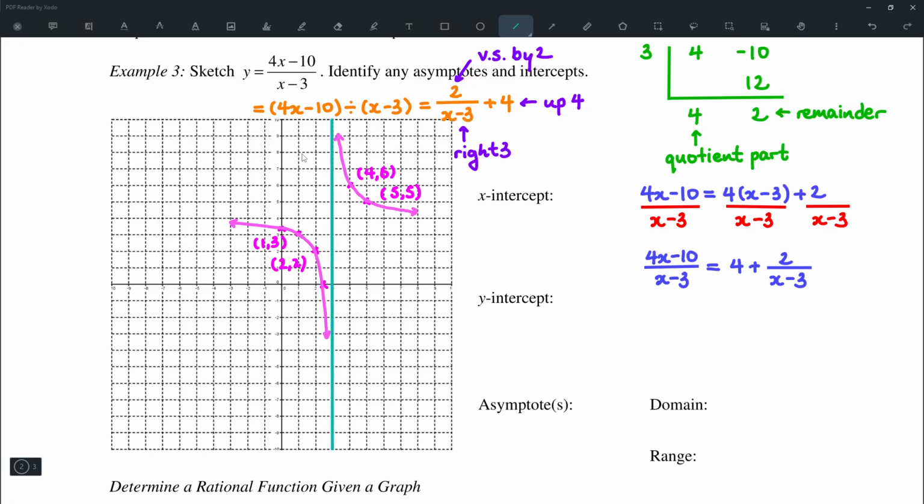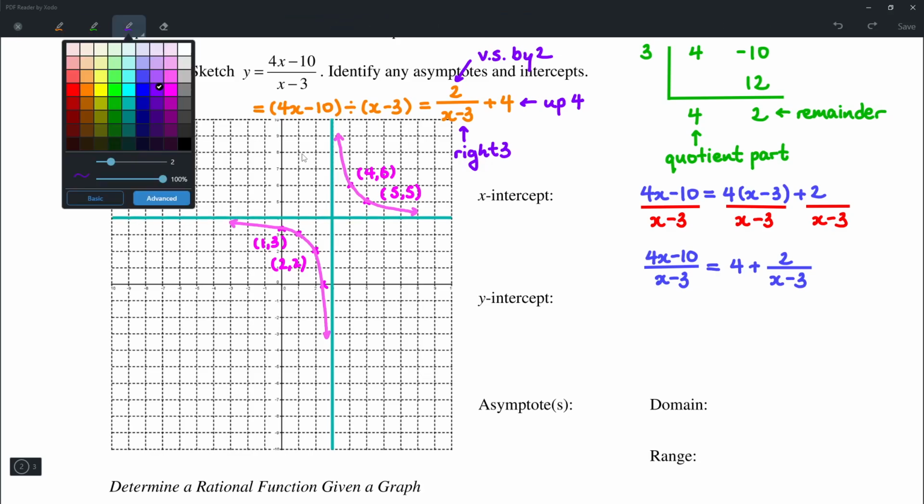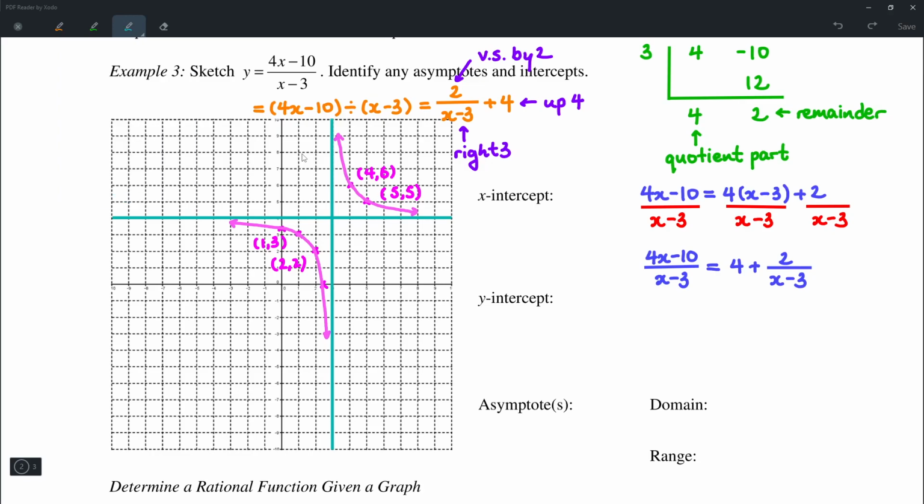X equals 3 and y equals 4. Of course, x cannot be equal to 3. That is still the non-permissible value for this function. And y equals 4 is the horizontal asymptote.